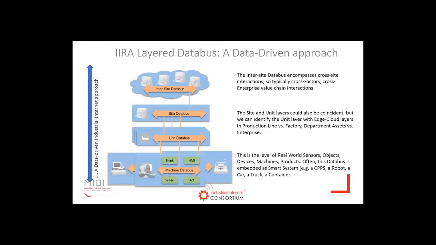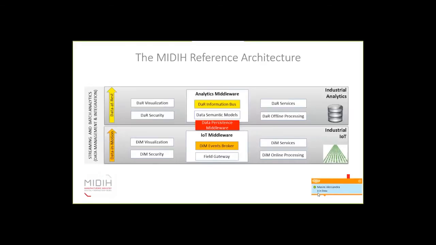And so it would be very appreciated if in your proposal you give a data orientation and put the data at the center of your application, which is also confirmed by this reference architecture, which means that we wish you to identify in your application data in motion and data at rest.